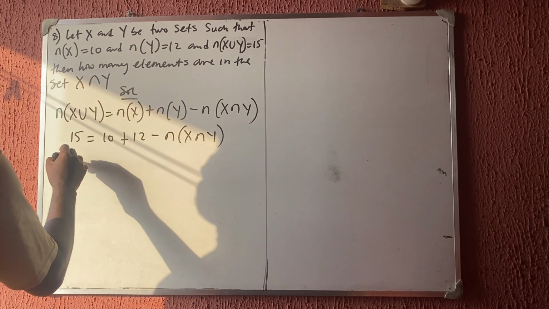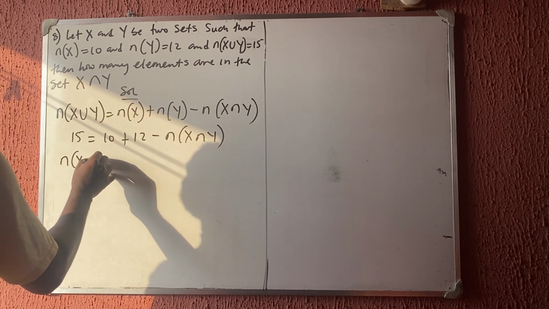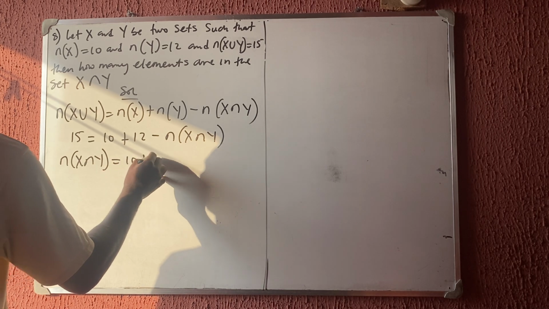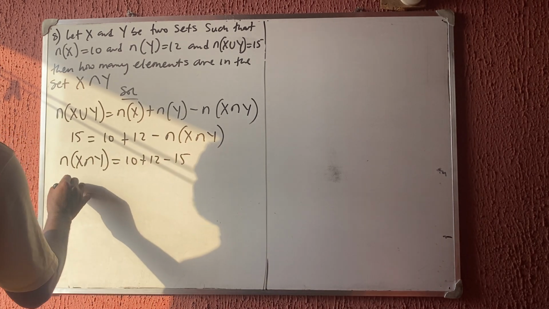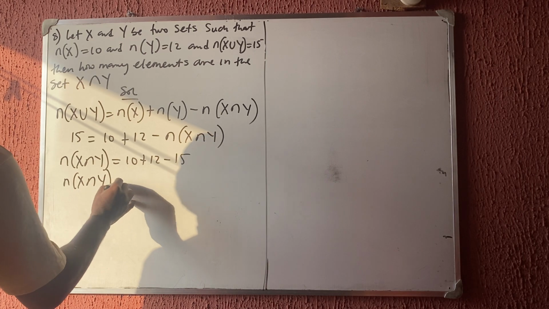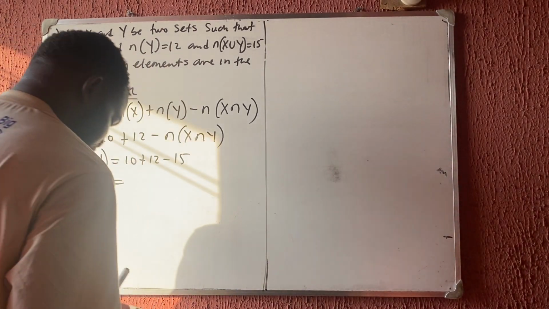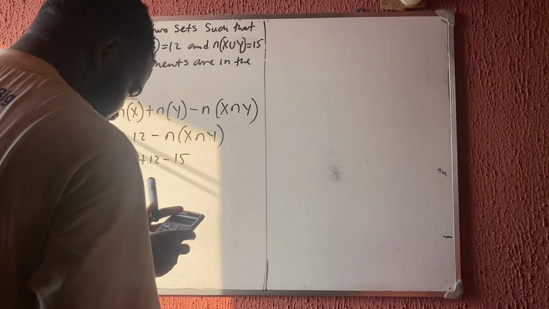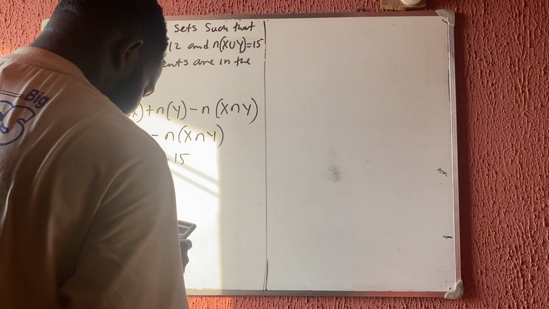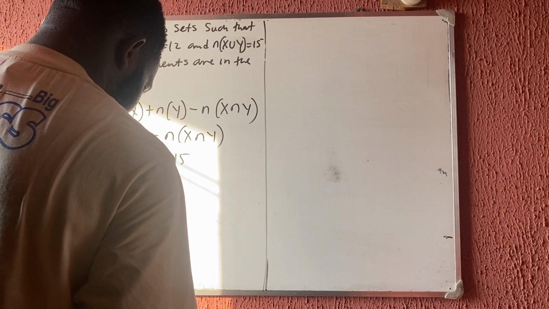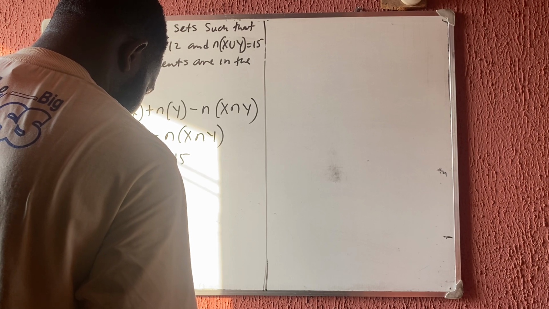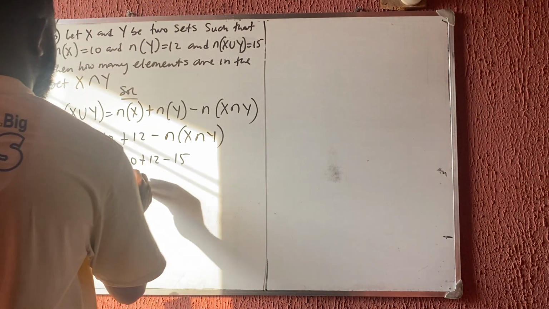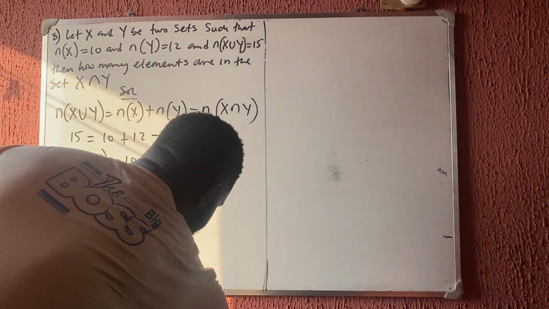So n of x intersection y will now be 10 plus 12 minus 15. I have 7. So 7 is my answer, and it's very correct.